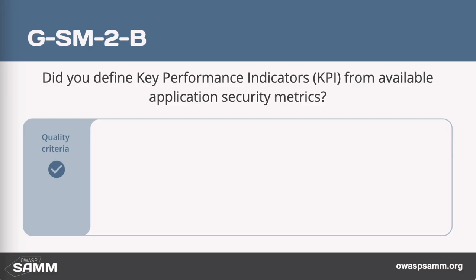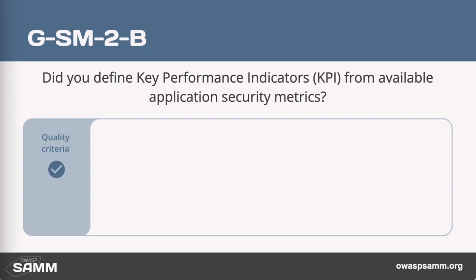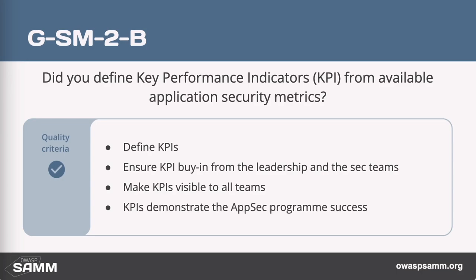When we go to level 2, this is where we get to the idea of having an executive dashboard with key performance indicators. Once you've identified the metrics, you have defined KPIs, and those have been vetted by the leadership and the AppSec teams. KPIs should be visible to everyone, and they should actually demonstrate the success of your AppSec program.